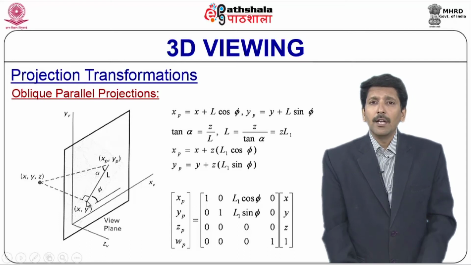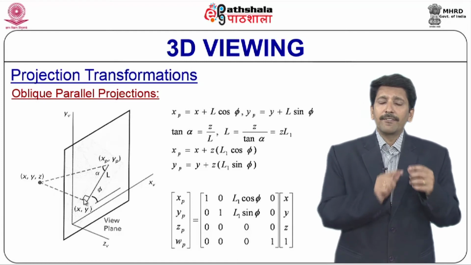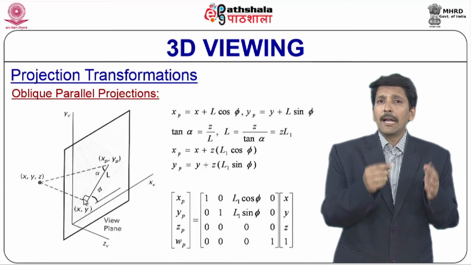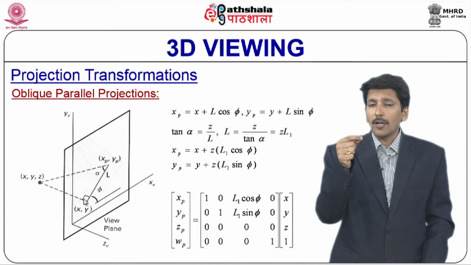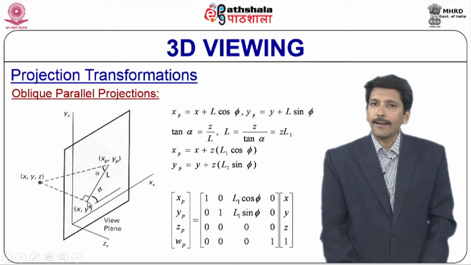As we know from orthogonal projection, if a point has coordinates x, y, z, and the view plane is the xy plane, when the point is projected orthogonally, the z will be 0. So, the coordinates at this point are x comma y, the same coordinates with z 0.